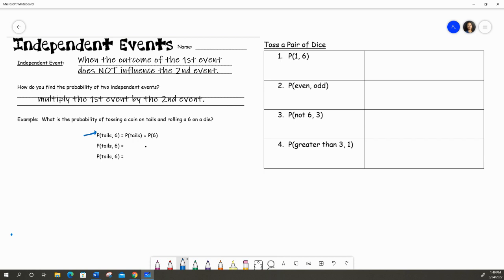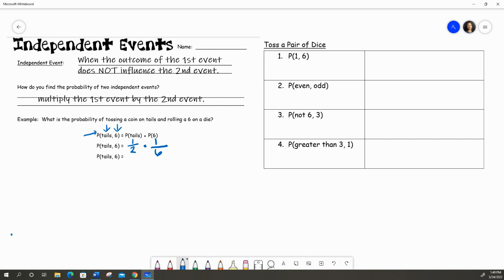In this particular case, we're trying to find the probability of tossing a tails and then rolling a 6. The probability of tossing a tails, there's only one tails out of the two sides of a coin. So the probability of getting tails is 1 out of 2, and the probability of rolling a 6, there's only one 6 on a die out of 6 possible faces.